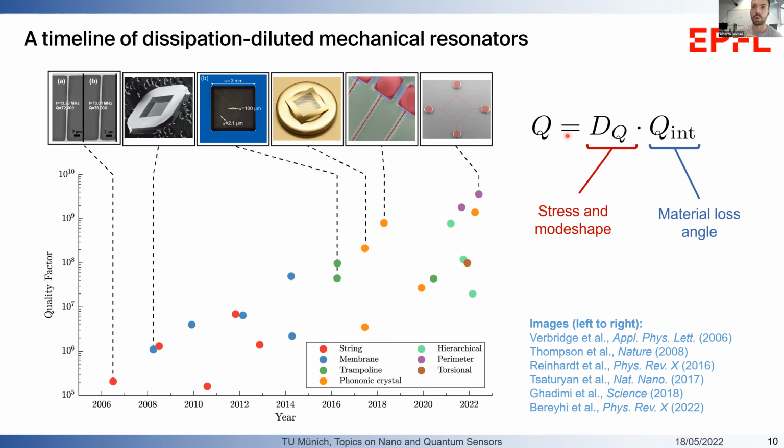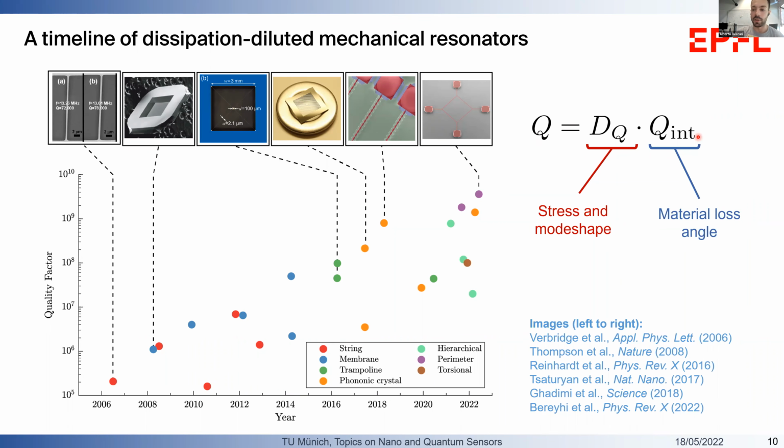One is a so-called dilution factor, which depends on the static stress established in the nanomechanical structure and on the details of the geometry of the mode shape pattern. And we have another contribution due to the intrinsic material properties, or the material friction, of the material that is used to fabricate the nanomechanical resonators. So this is basically the inverse of the material loss angle.